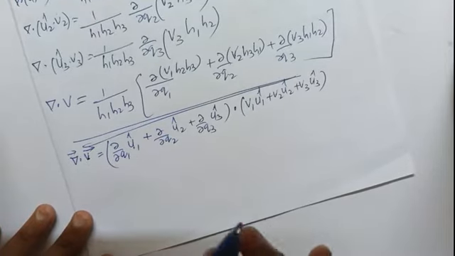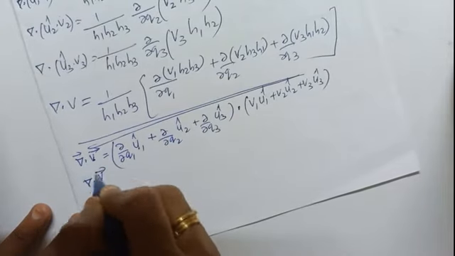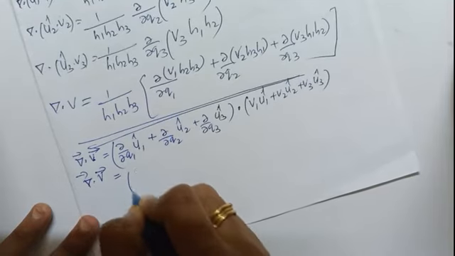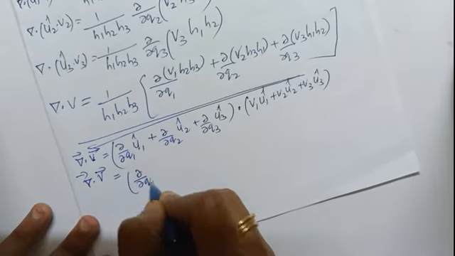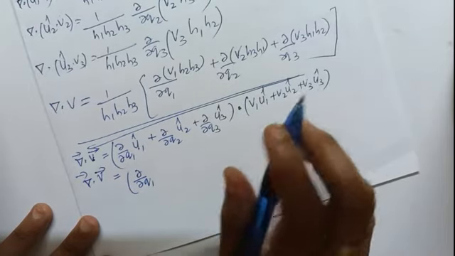So we have written del dot V here, that is ∂/∂q1 of u1 plus etc. Now del dot V is equal to ∂/∂q1 and we find the dot product. We know u1 dot u1 gives 1.